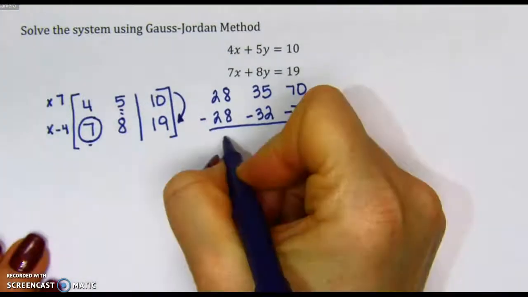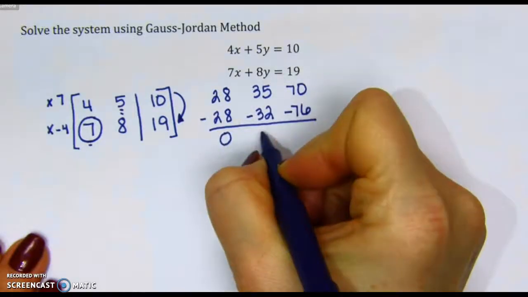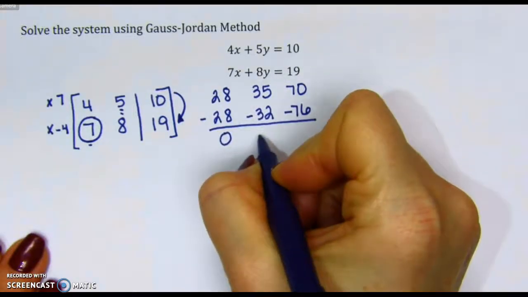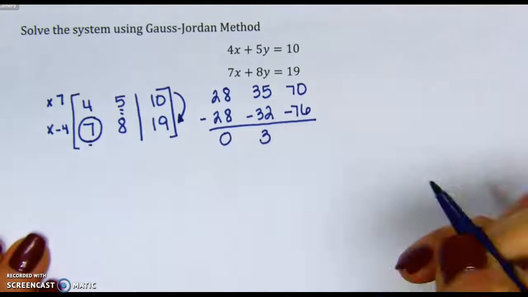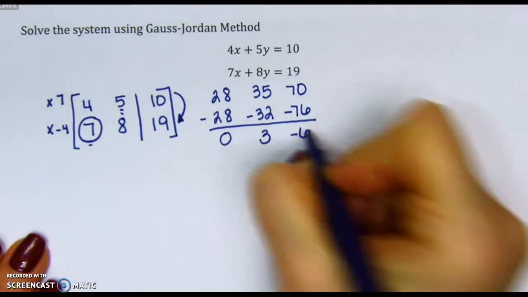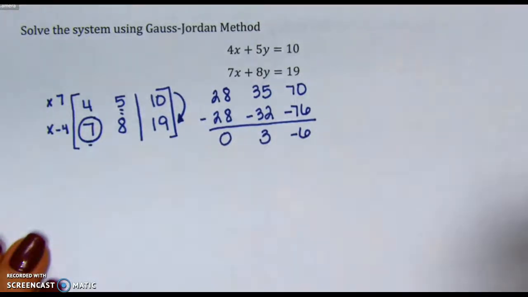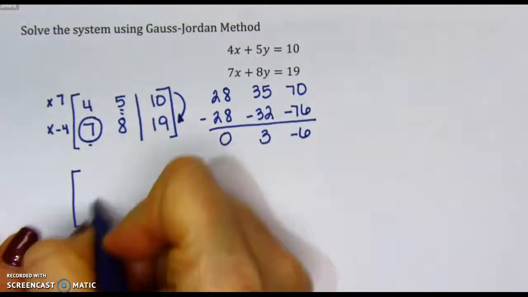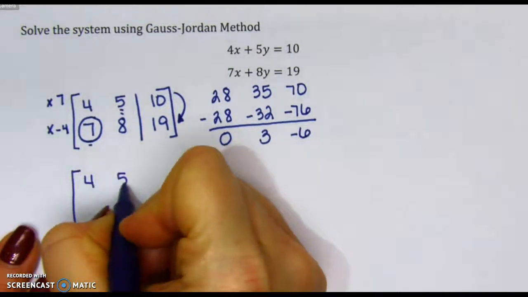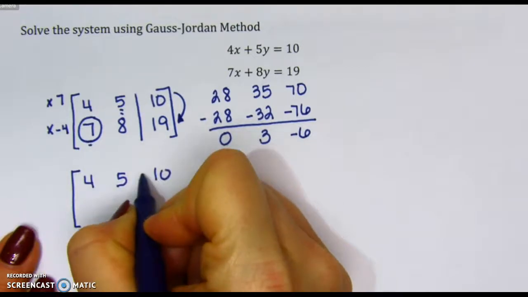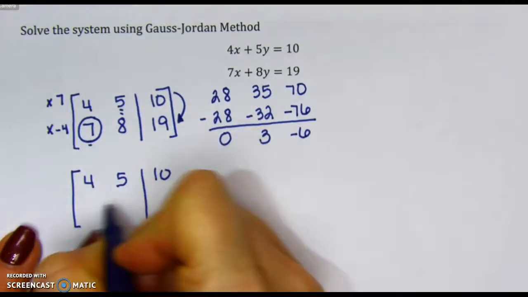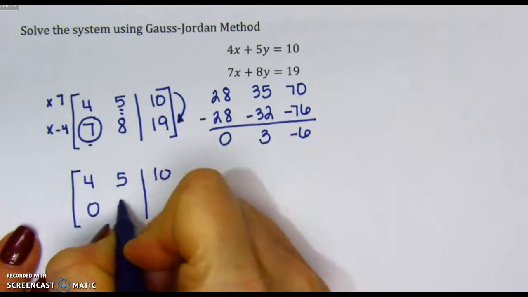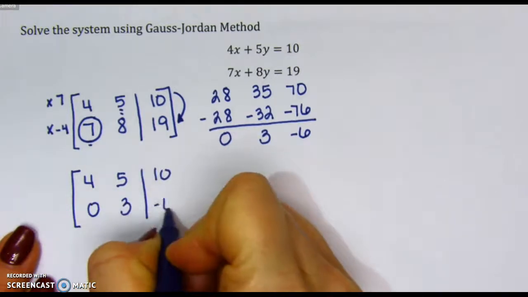So when I add these together, I end up with 0, 3, and -6. This is going to replace my bottom row. My top row is going to stay the same, because I only can add and combine to make 1 here. So I'm still going to have 4, 5, and 10. My bottom row is going to be that 0, 3, -6.